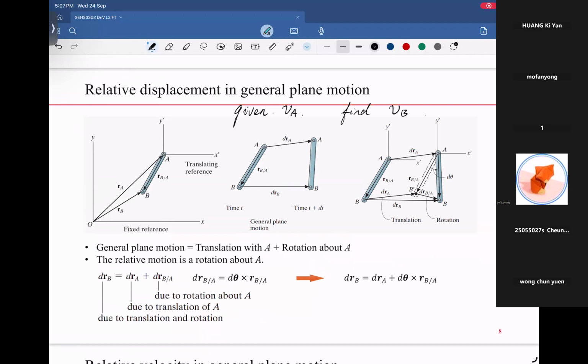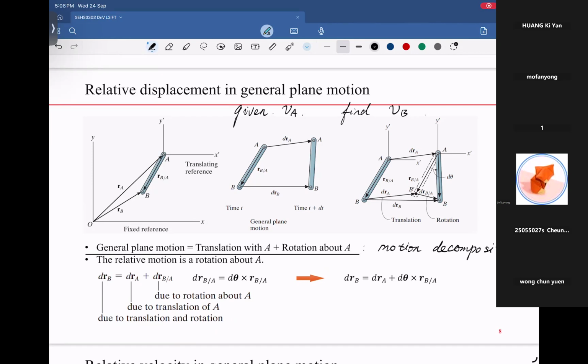In such a case, we start from the displacement analysis. We call it the decomposition of the motion. This part is very critical, so let's see what happened.